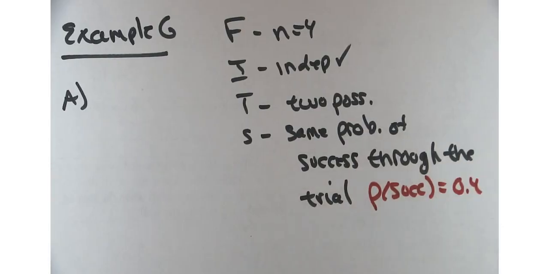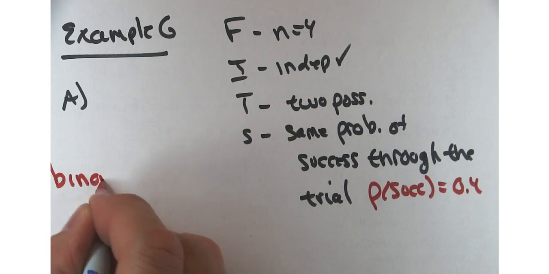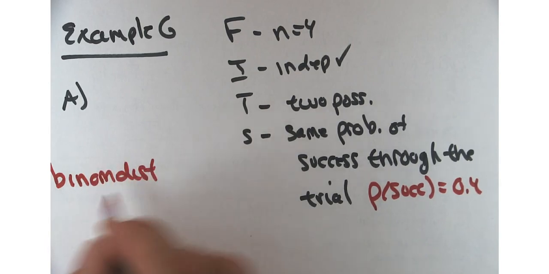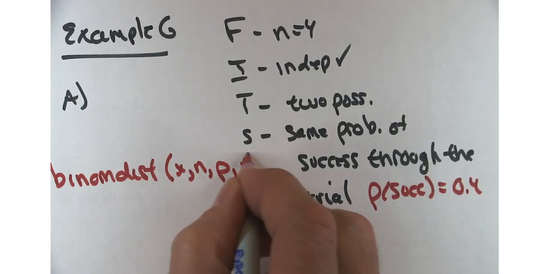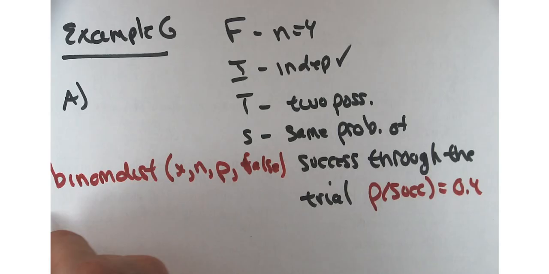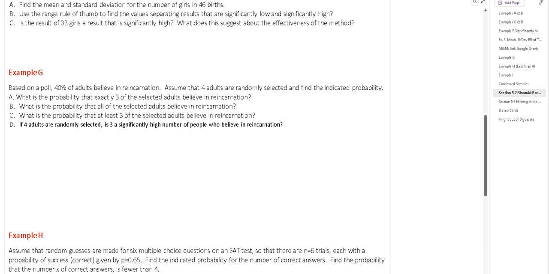Okay, let's find the probability that exactly 3 people think that you're going to be reincarnated. Equals binomial distribution. Remember, it's going to be X, N, P, and then false. Let's figure out what we're going to put in for this first one. We want to calculate the probability that exactly 3 adults selected believe in reincarnation.